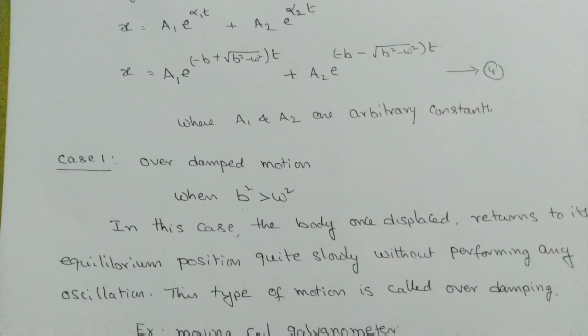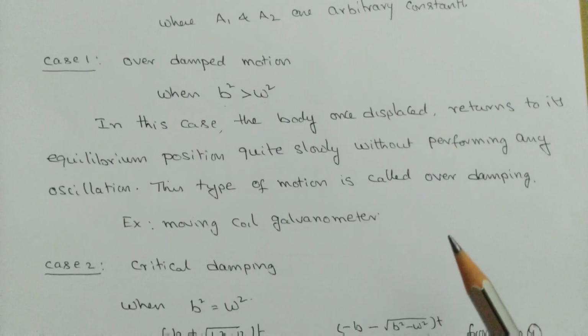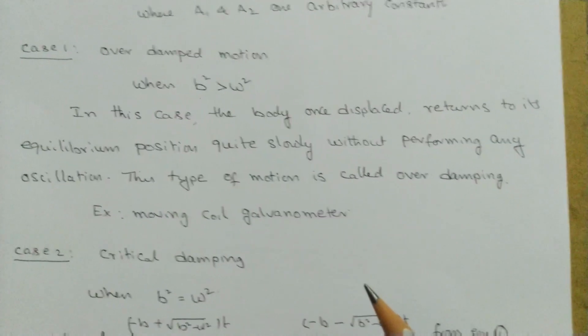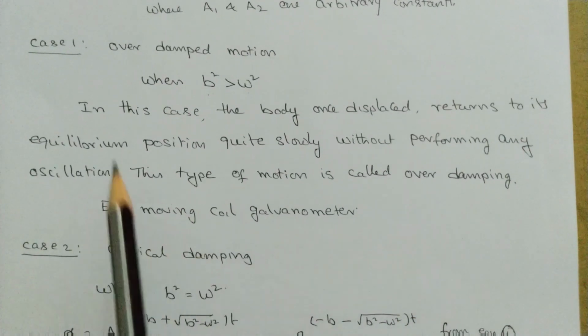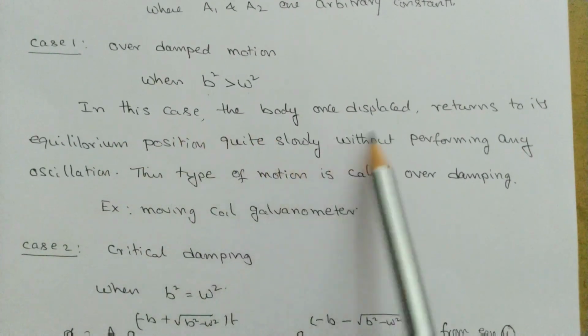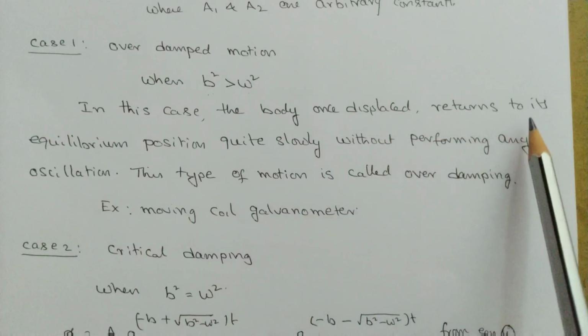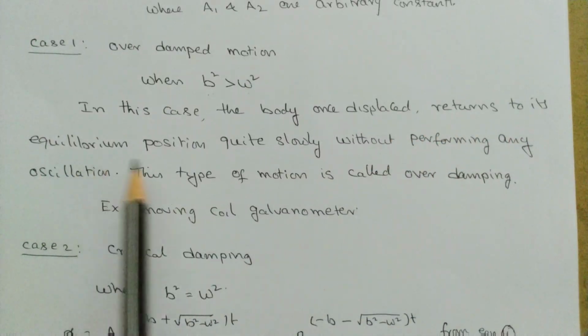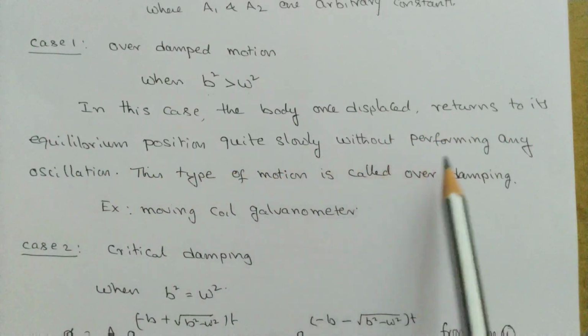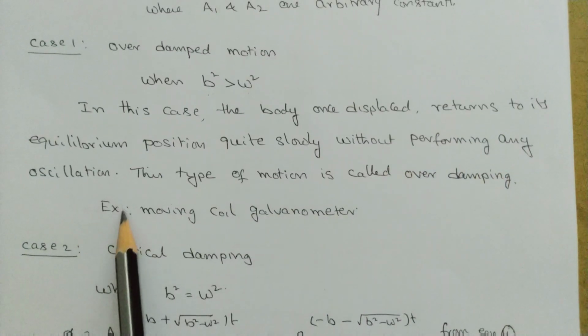So when damping is more, the oscillation decreases very quickly. As we know, in this case, the body once displaced returns to its equilibrium position quite slowly without performing any oscillation.